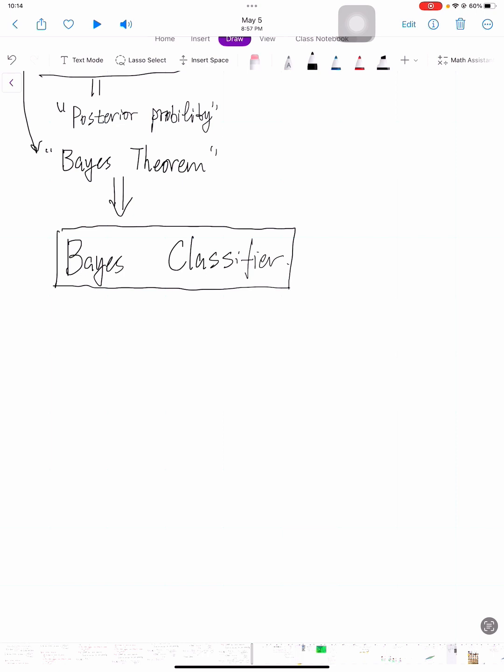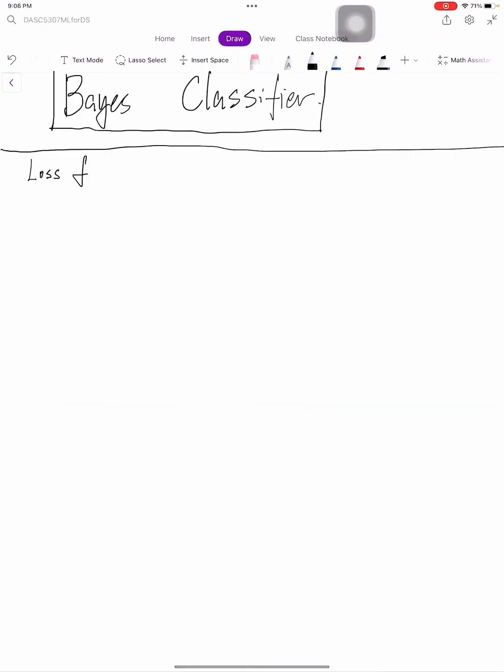So in this video, I'm going to talk about the loss function. The loss function is a bivariate function, which we denote as L(z, y).